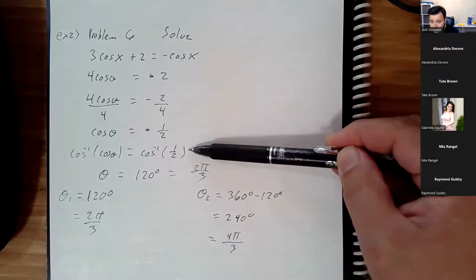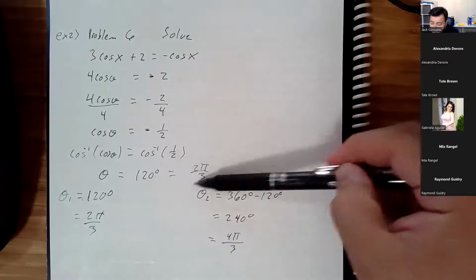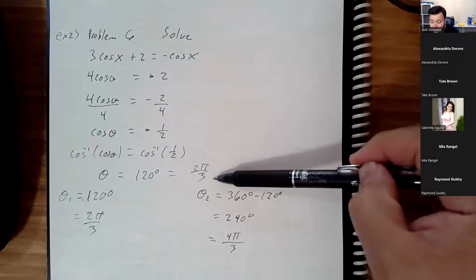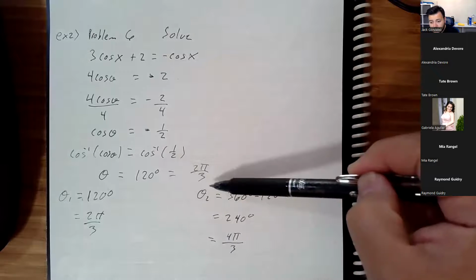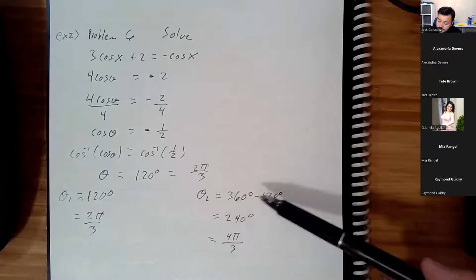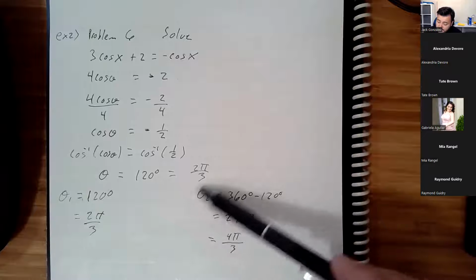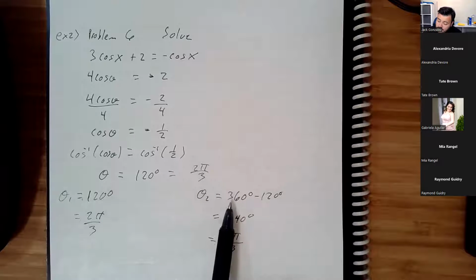Calculator gives us 120, which is the same as 2 pi thirds, either converting it yourself or looking at the circle, because this is an easy angle. It will be on the circle. To find the angle for the second part of the set, just take 360 minus what you found to get the other one. Change that to radians because the homework is using radians right now.